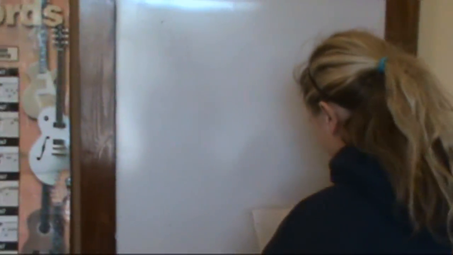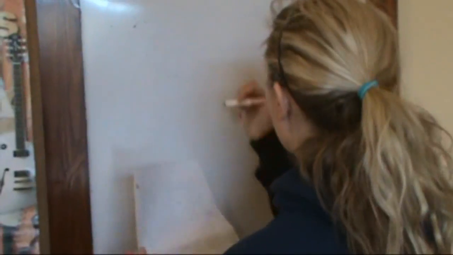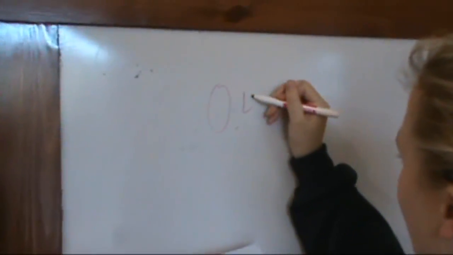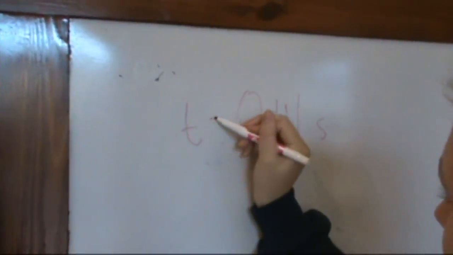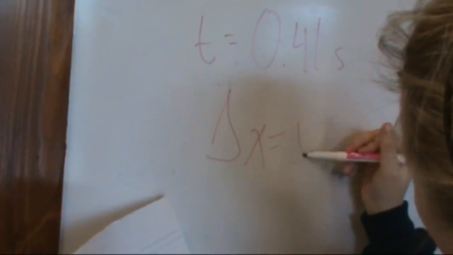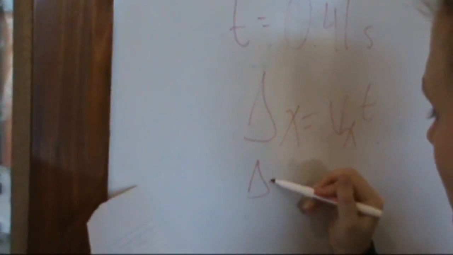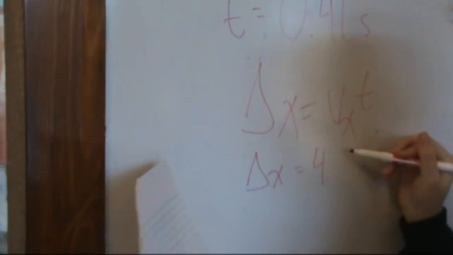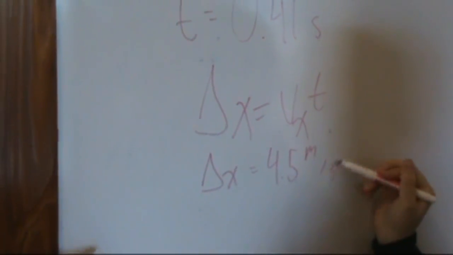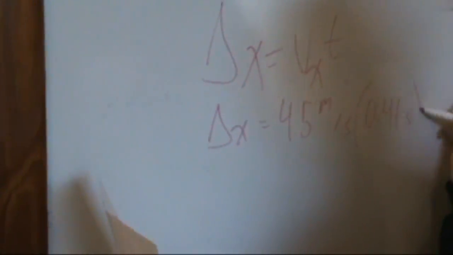So now we're going to find the horizontal distance predicted by the time that we found. We're going to take our time, which is 0.41 seconds, and put it into the equation: change of x equals v of x times t. So our change of x is going to equal 4.5 meters per second times 0.41 seconds.